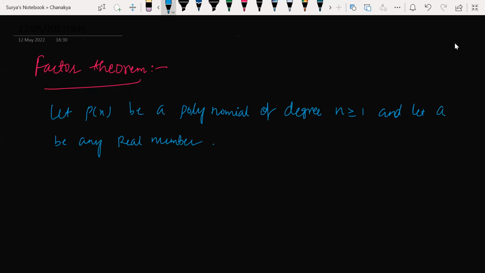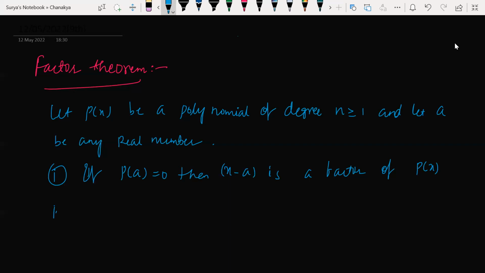Then you have to follow two conditions here. If p of a is equal to 0, then x minus a is a factor of the given polynomial p of x.